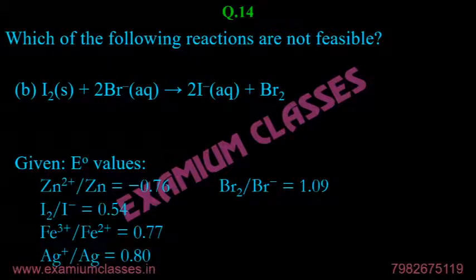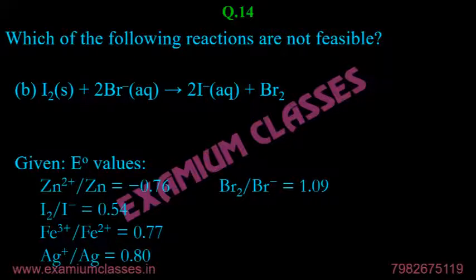I2 plus 2Br minus gives you 2I minus plus Br2. So I'm not going to tell you first. First, you need to tell me the answer, and then I'll explain. Find the reduction half, oxidation half, then do reduction minus oxidation potentials. Okay.